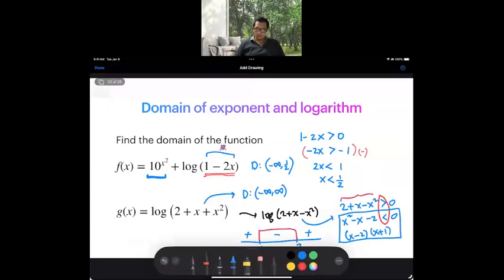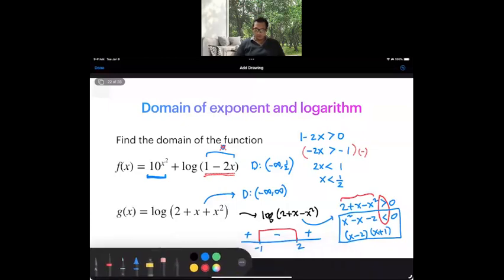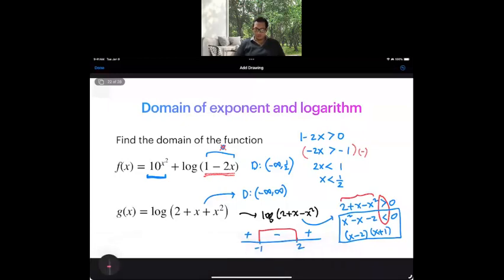If you factor out this one, it should be the same, but with different roots, right? But for our case here, this will be the domain. That is if the question is this.